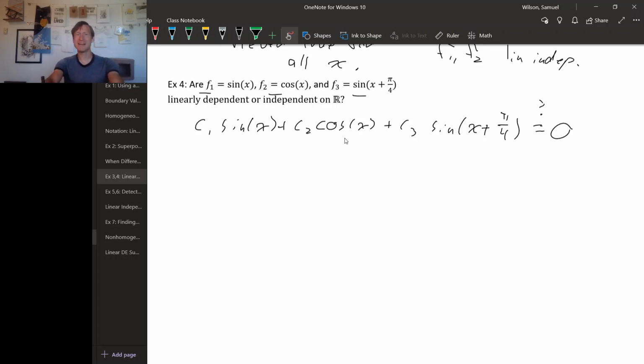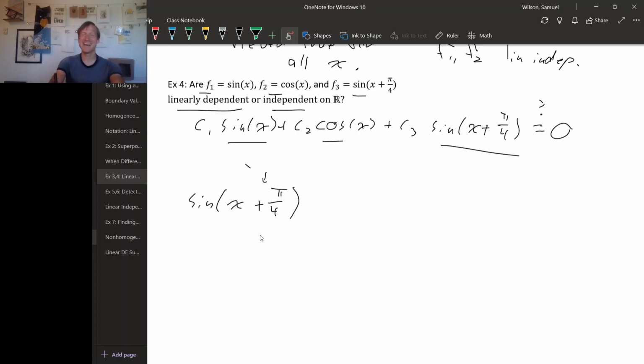But remember, the real idea behind linear dependence and independence is we want to know, is one of these redundant? Could we write one of these three functions, sine, cosine, and sine x plus pi over 4, as a combination of the other two? Now, it's not obvious if you can do that, but that sum inside of sine here, so sine of x plus pi over 4, that might seem suspicious because there's an identity for a sum inside of sine.